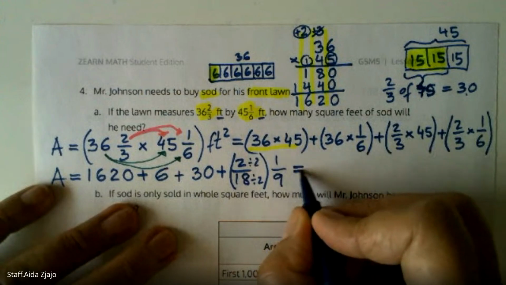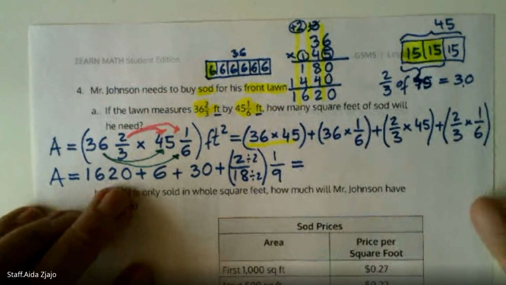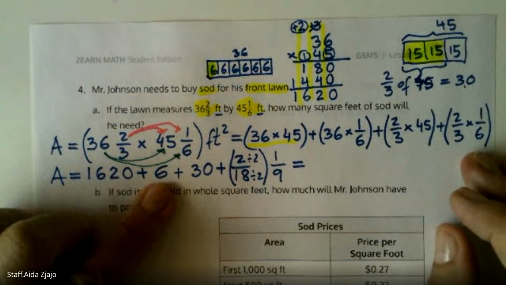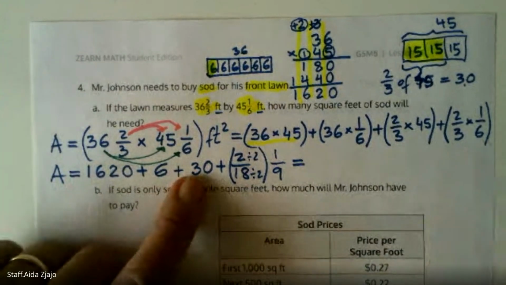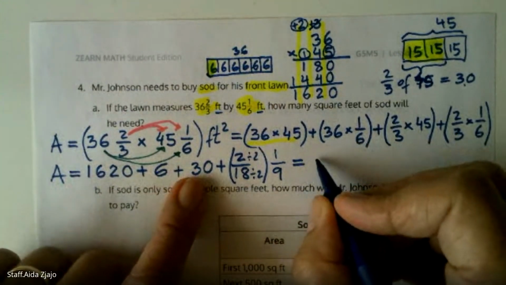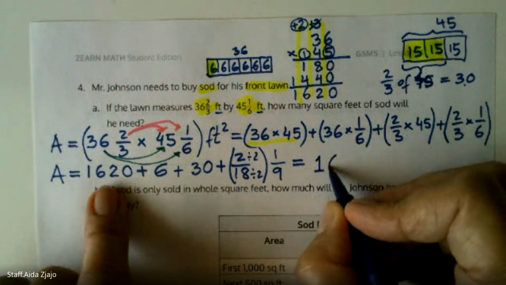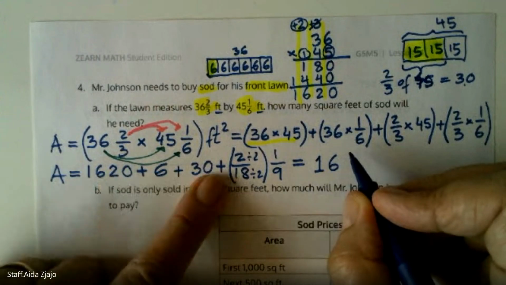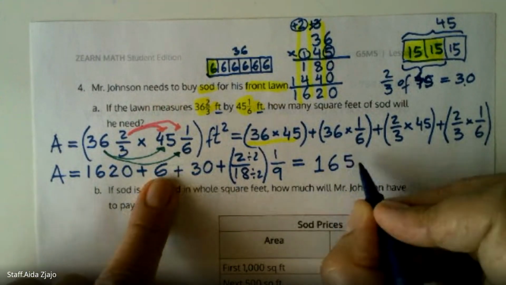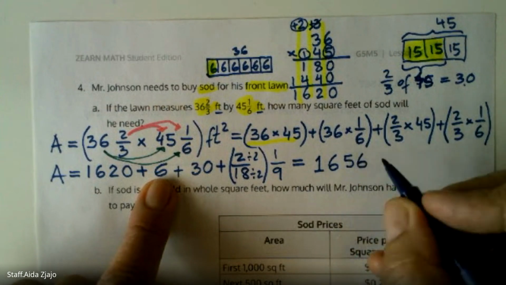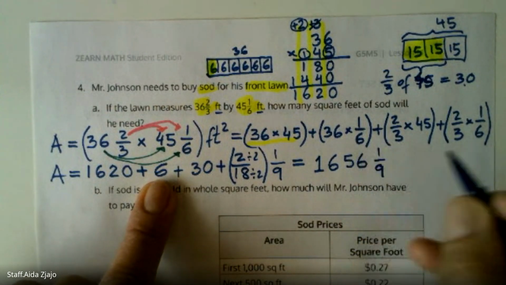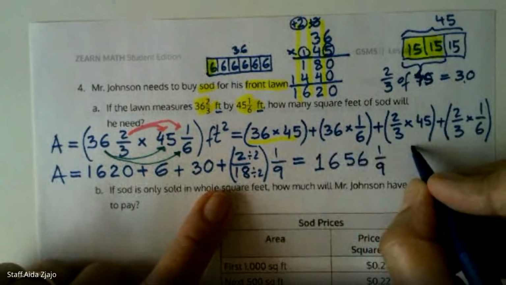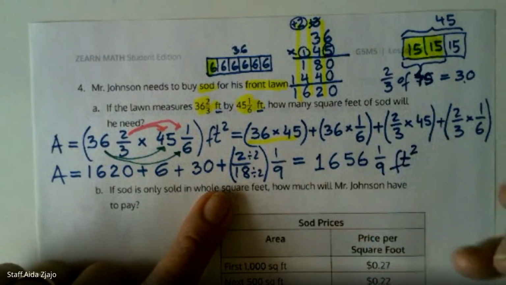So now put all this together: 1620, 30 is 50, and then 6, and then 1/9. So that is 1,656 and 1/9 square feet.